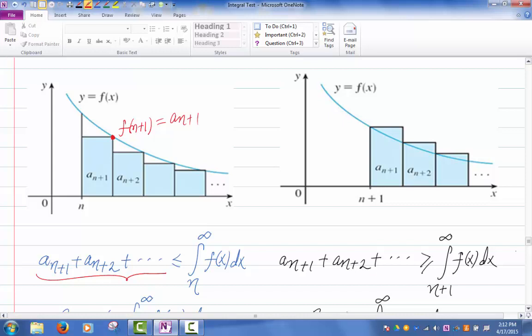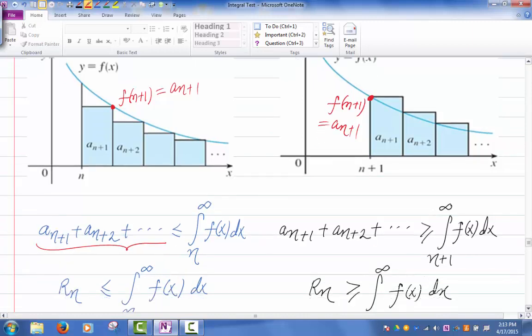So here, what's the height of the graph? The height of the graph for the first rectangle here is f of n plus 1, right? Which is the same as an plus 1. And that's the area. So the first rectangle has area an plus 1. The second one has area an plus 2. And so on. Which is greater than the area below the graph of f from n plus 1 to infinity.